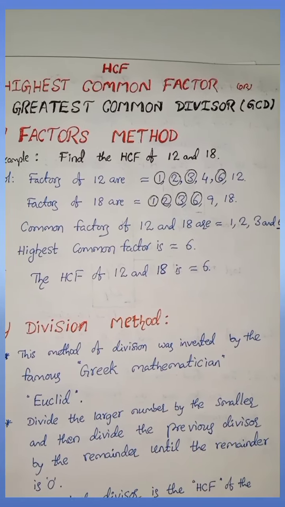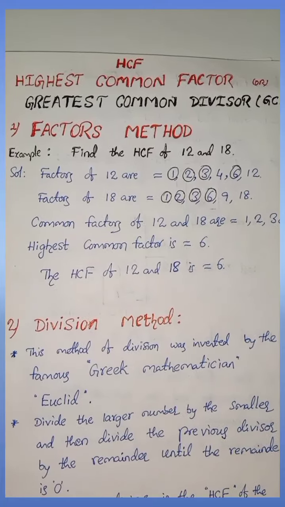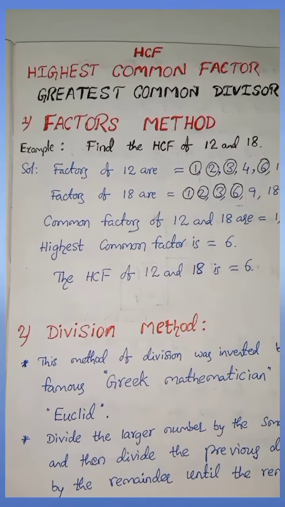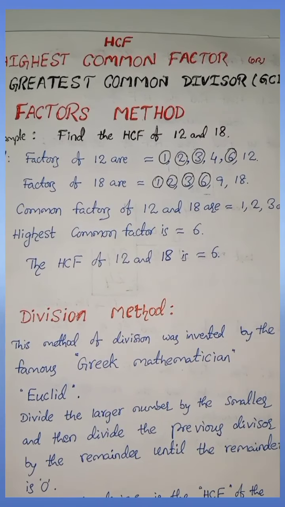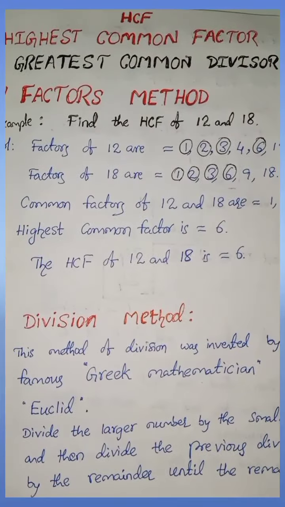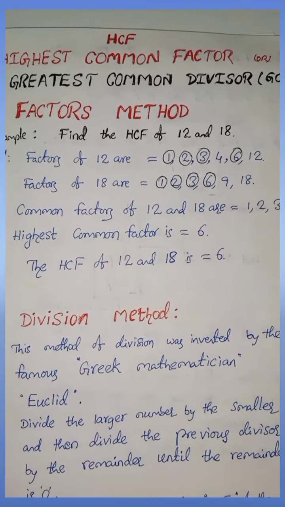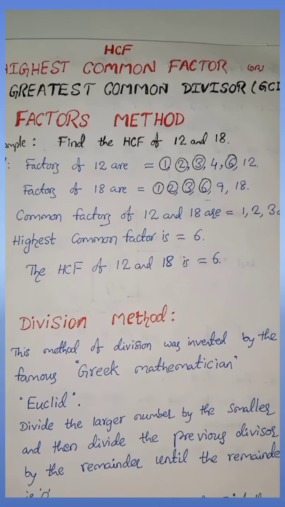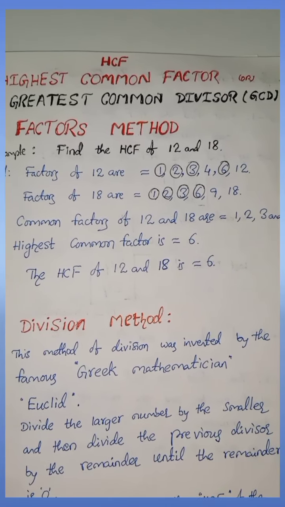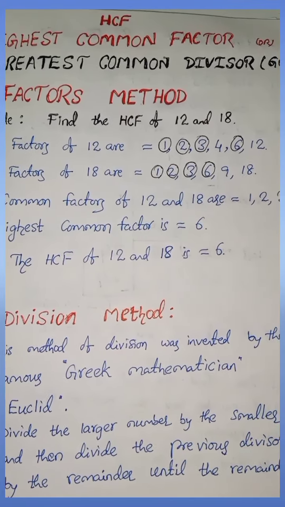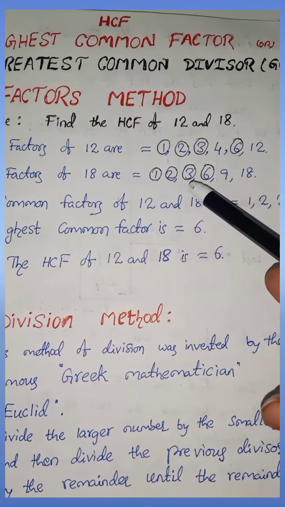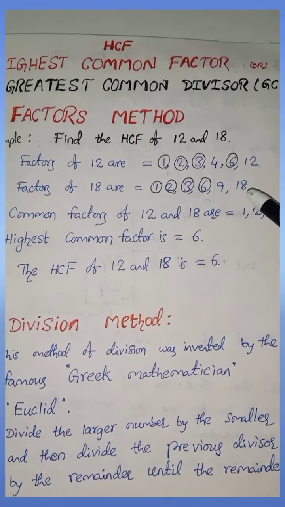Now the first method is the factors method. For example, find the HCF of 12 and 18. First, find the factors of 12. The factors of 12 are 1, 2, 3, 4, 6, 12. Then the factors of 18 are 1, 2, 3, 6, 9, 18.